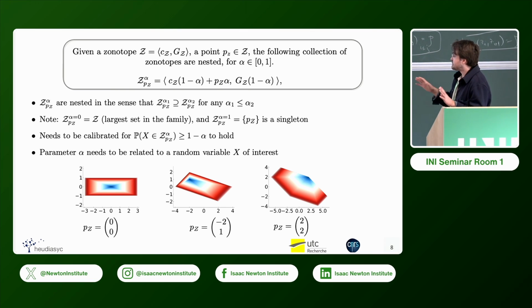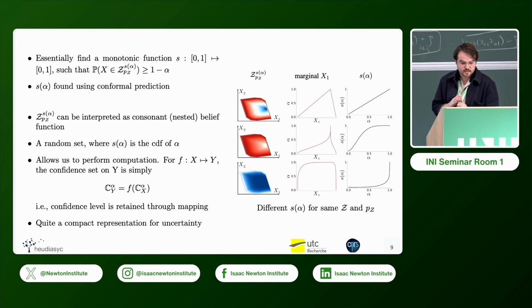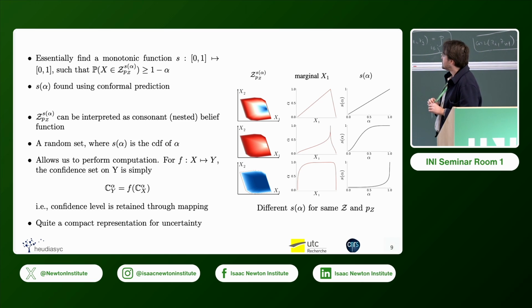But one thing to note is that this is not calibrated with respect to anything. It's just a definition of some nested sets. The task is to define this parameter alpha such that it relates to some random variable of interest. This basically boils down to finding a monotonic function, kind of like a CDF, for these alphas.